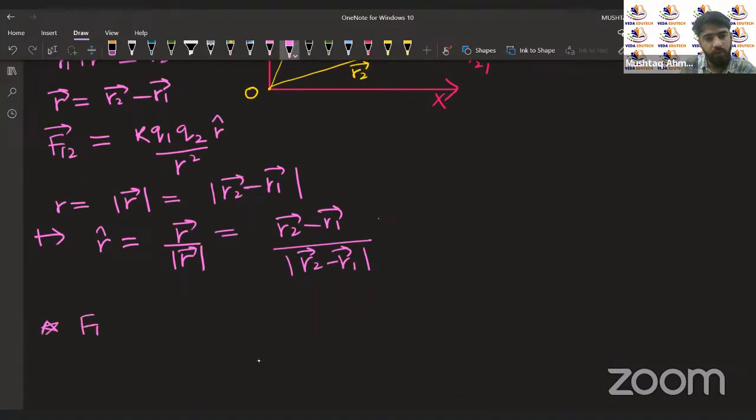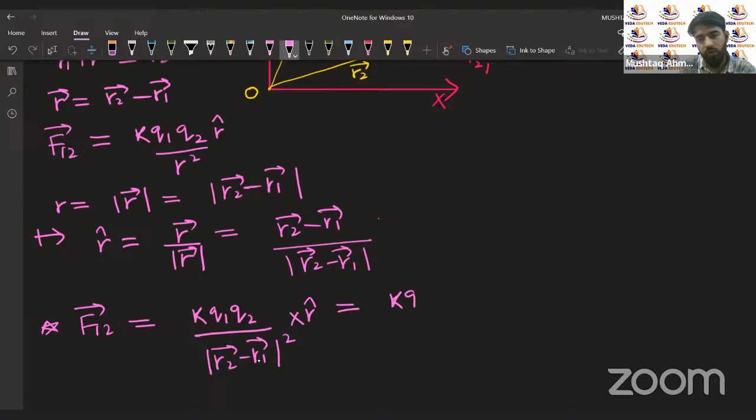So F12 is k q1 q2 upon mod of r2 vector minus r1 vector square into r cap vector.